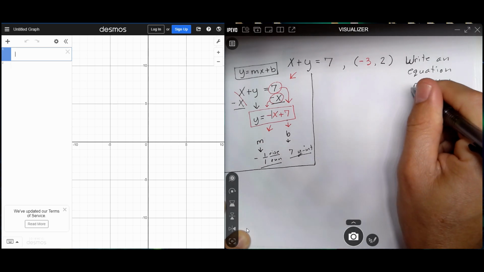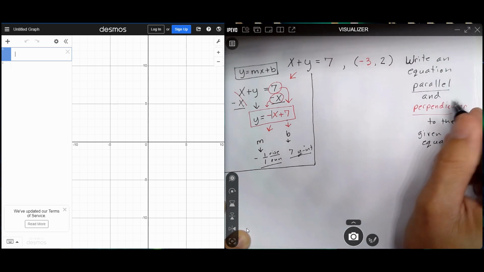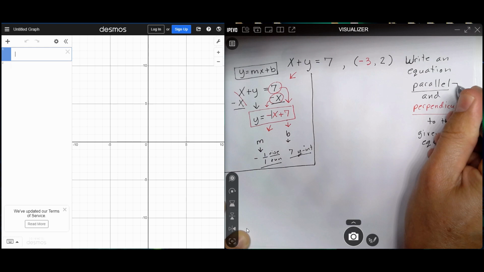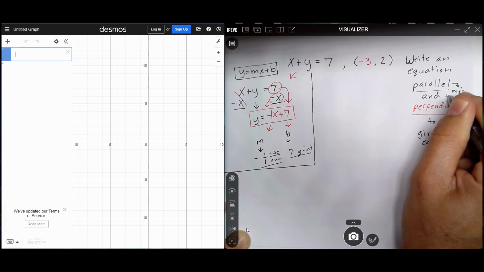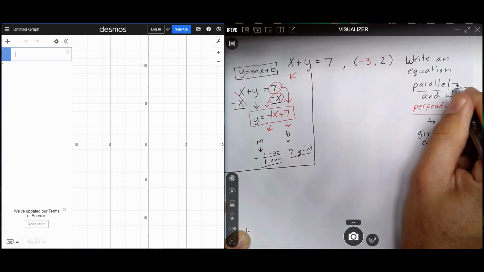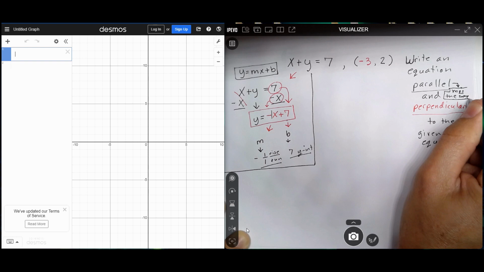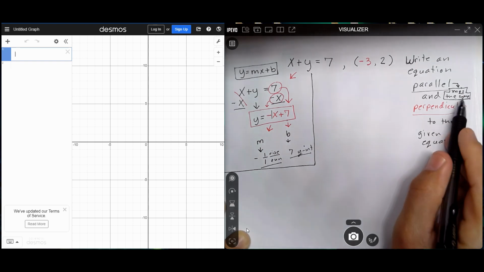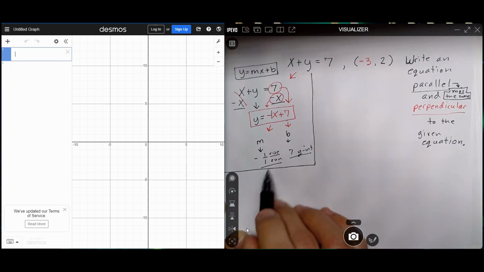I'm going to make myself a little note over here: m is the same. So the m is the same, right? In other words, it's going to have a slope of negative 1 over 1.